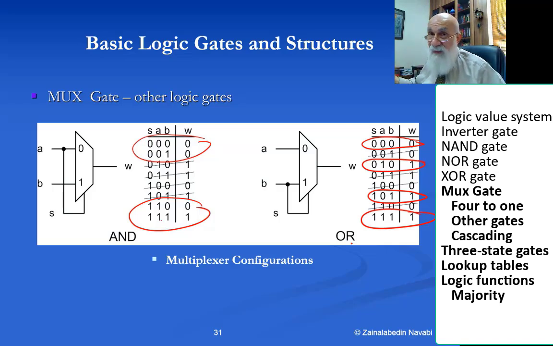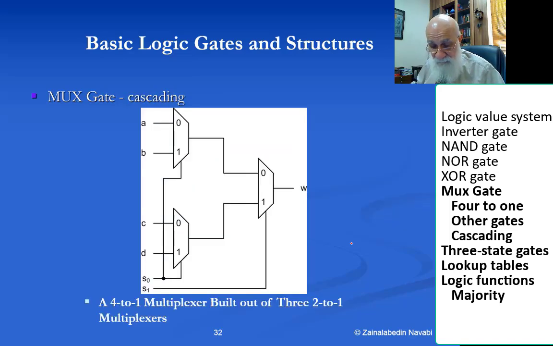I can turn it into an XOR, I can turn it into an inverter, which means I can use a multiplexer in place of everything else. That's why programmable devices, field programmable gate arrays, FPGAs, use a lot of multiplexers for realizing many functions.